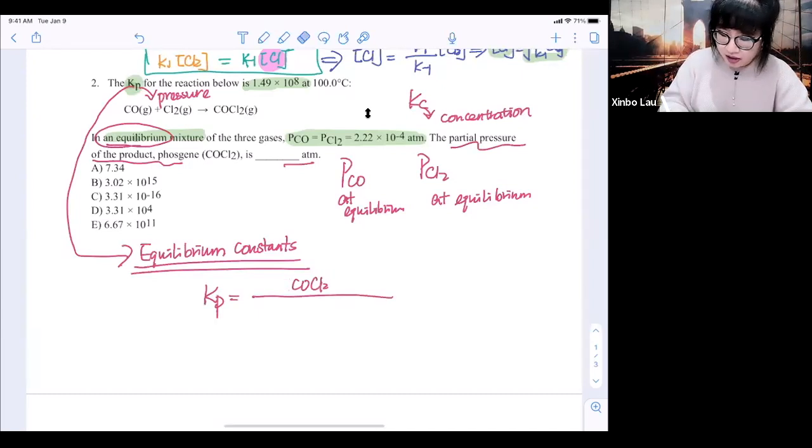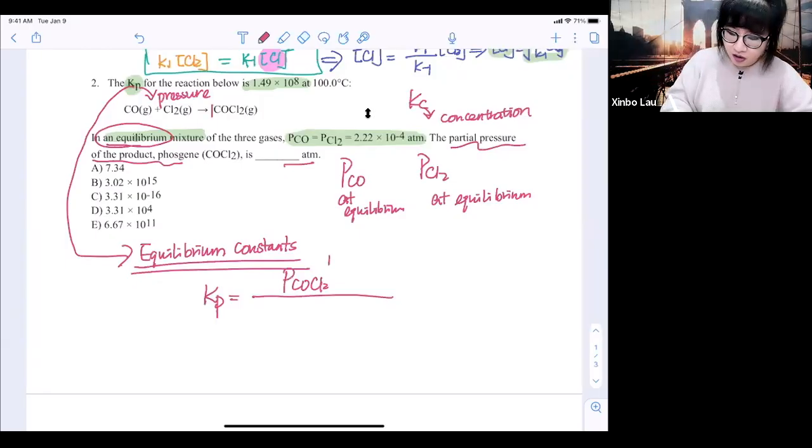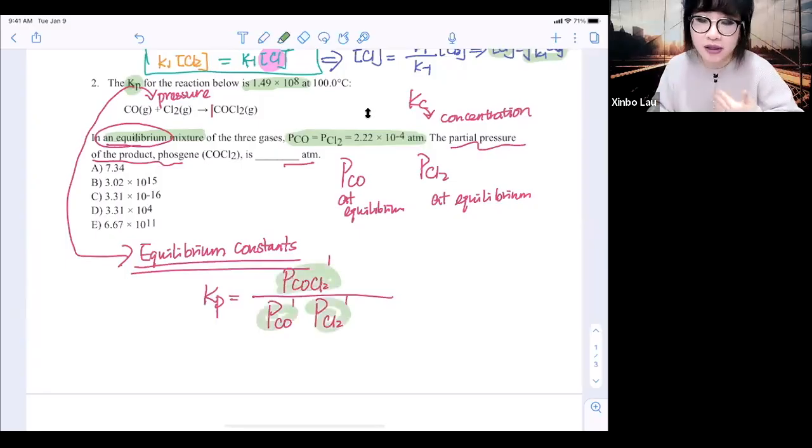So pressure raised to the power of 1, because the coefficient is 1. And if I have other coefficients such as 2 or 3, you're going to raise to that power. Then over the partial pressure of CO raised to the power of 1, partial pressure of Cl2 raised to the power of 1. Again, every pressure should be the pressure at equilibrium, and the question is directly giving us that information.